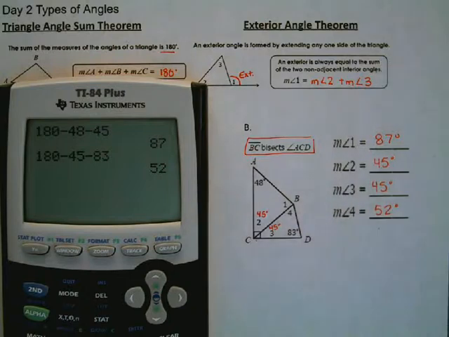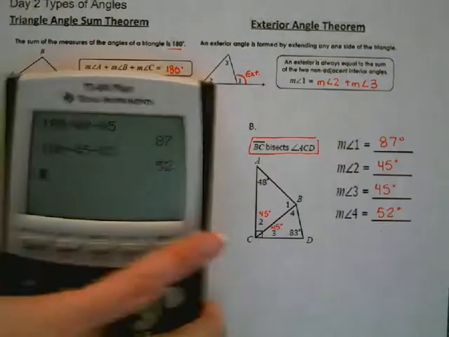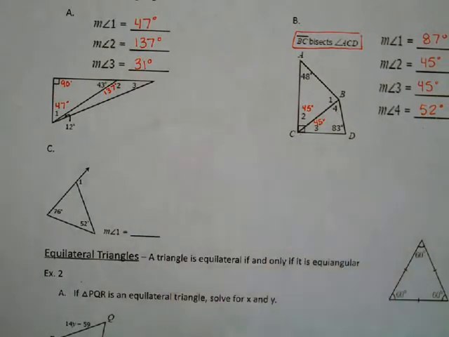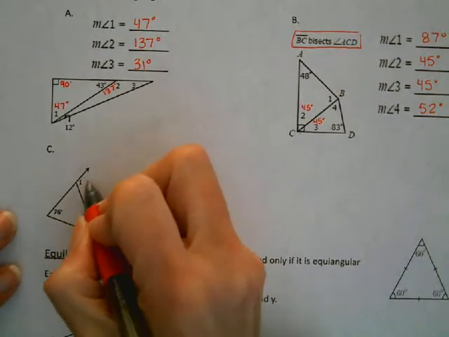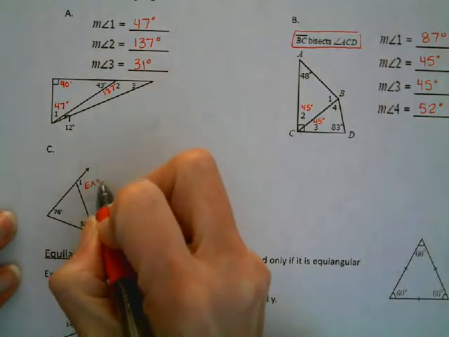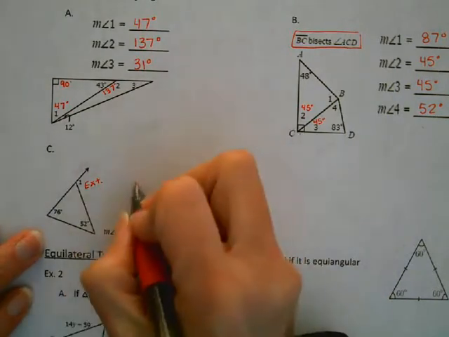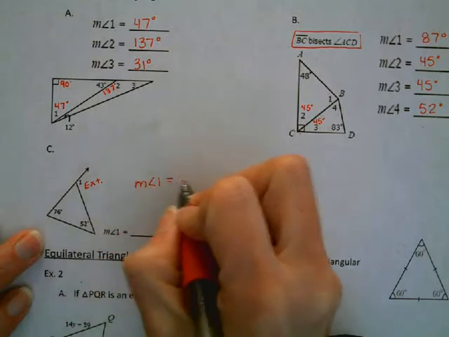Alright. This last one I put on here, so far all those angles that we were asked to find were inside the triangle. This one, letter C, is the first time we have an angle on the exterior of the triangle. So come up with the way that you want to solve that. You can use the exterior angle theorem that says the measure of angle 1 should equal 76 plus 52.